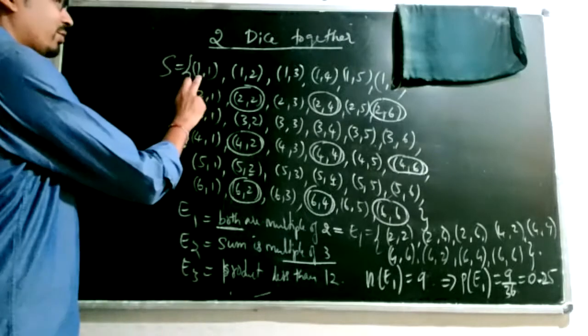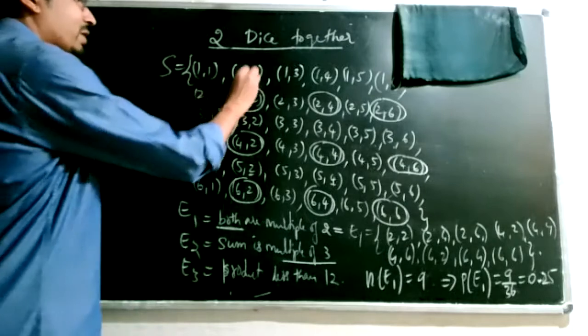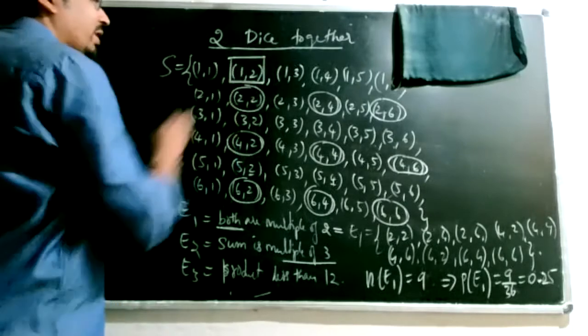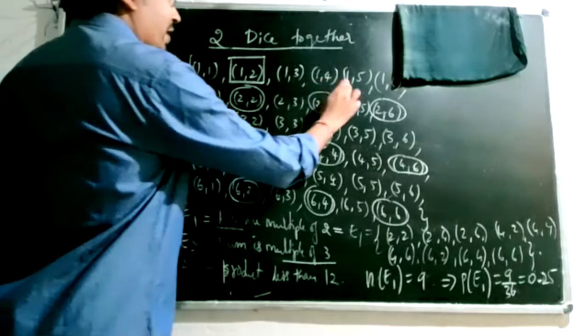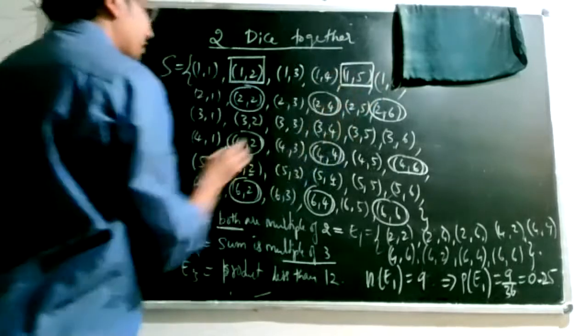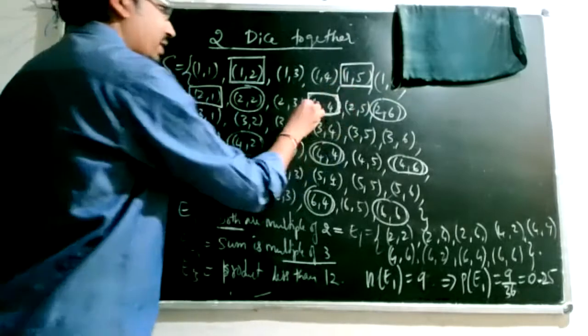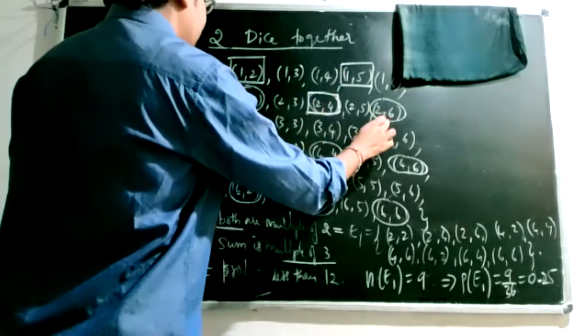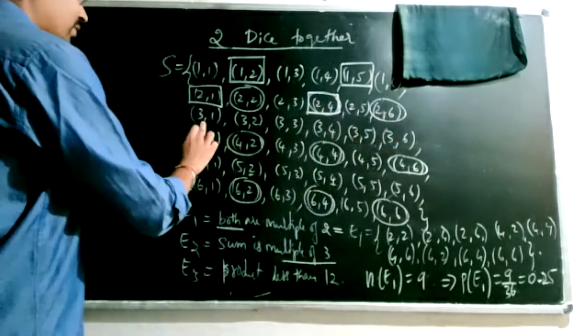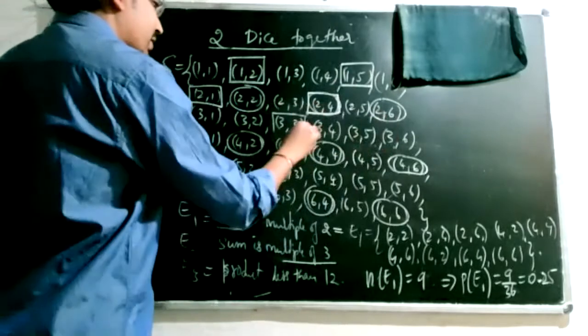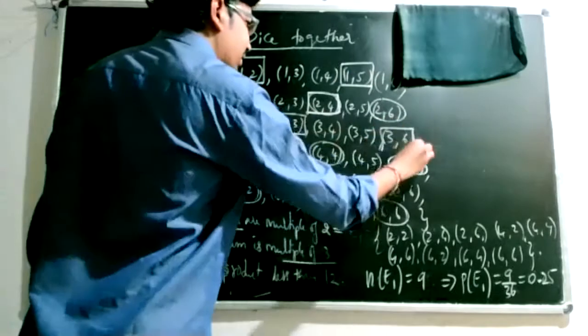So here, when I look at the sum, it is just 1 plus 2. So I have the sum to be 3 here, then 4, 5. So here the sum comes to be 6. Then 2 plus 1 is 3, 2 plus 4 is 6. Then I will have 8, 4, 5, 6, 7, 8, 9.